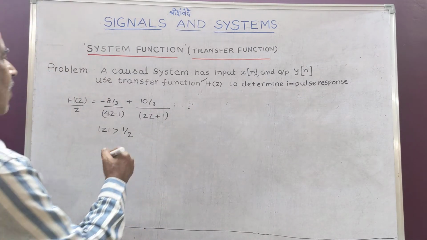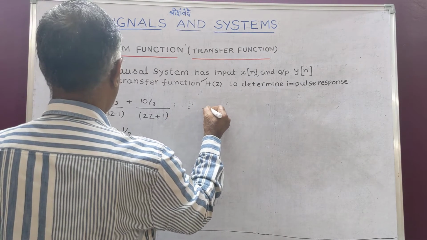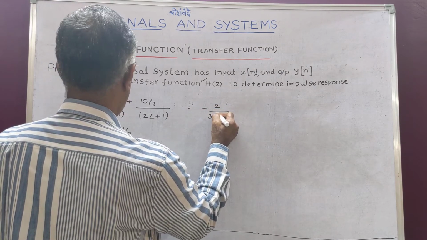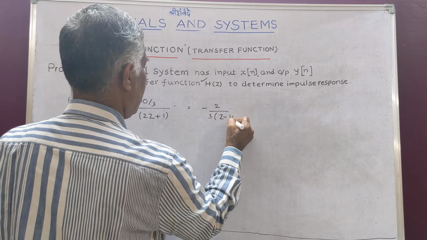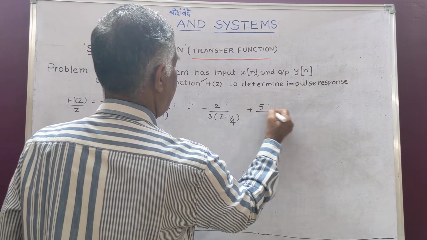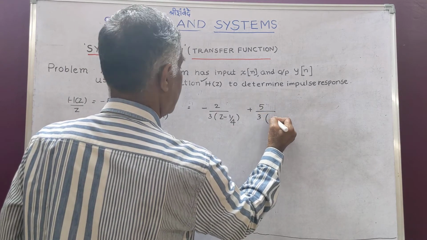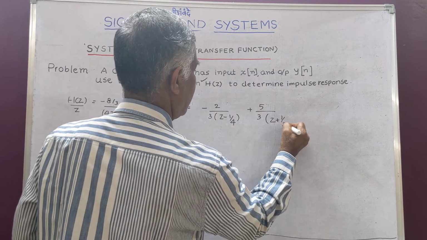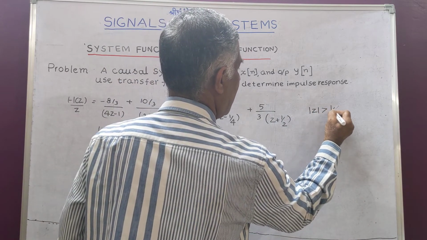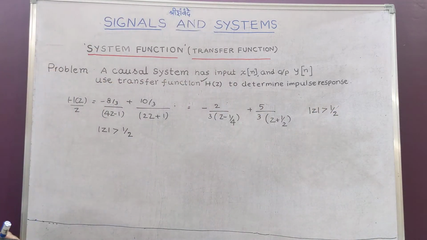So H(z) = −2/3 × z/(z − 1/4) + 5/3 × z/(z + 1/2), and the ROC is |z| > 1/2.